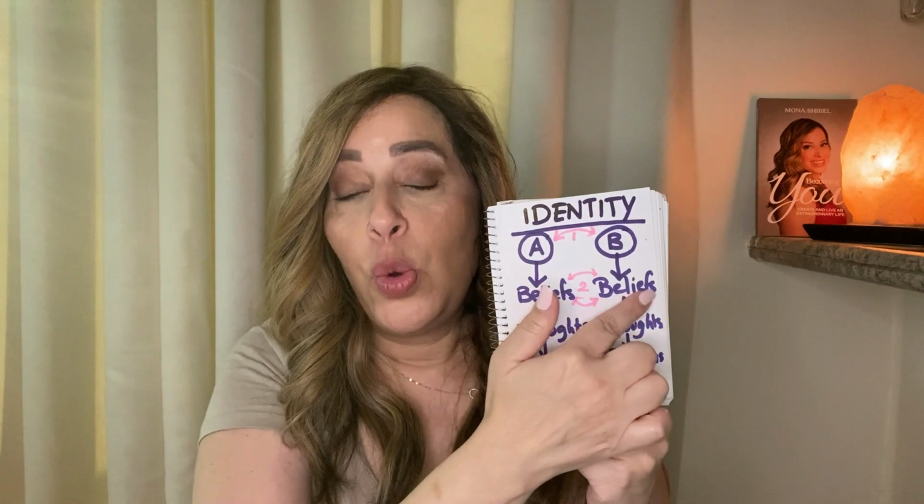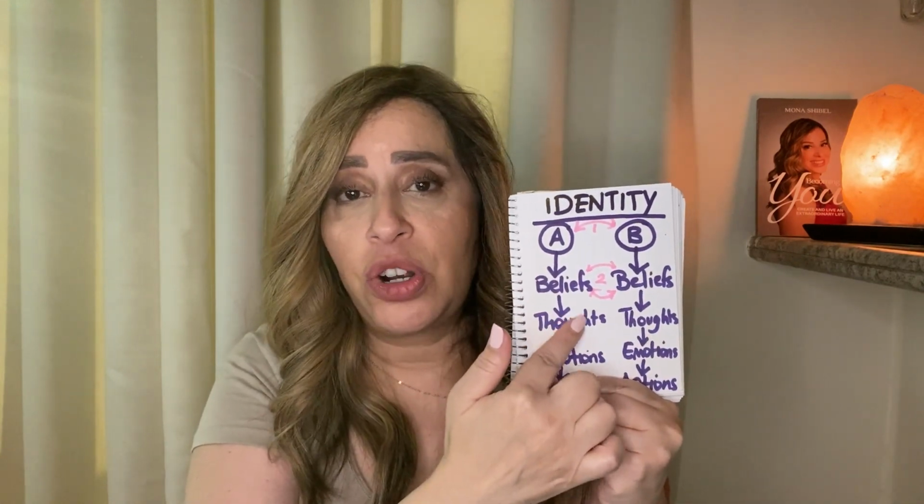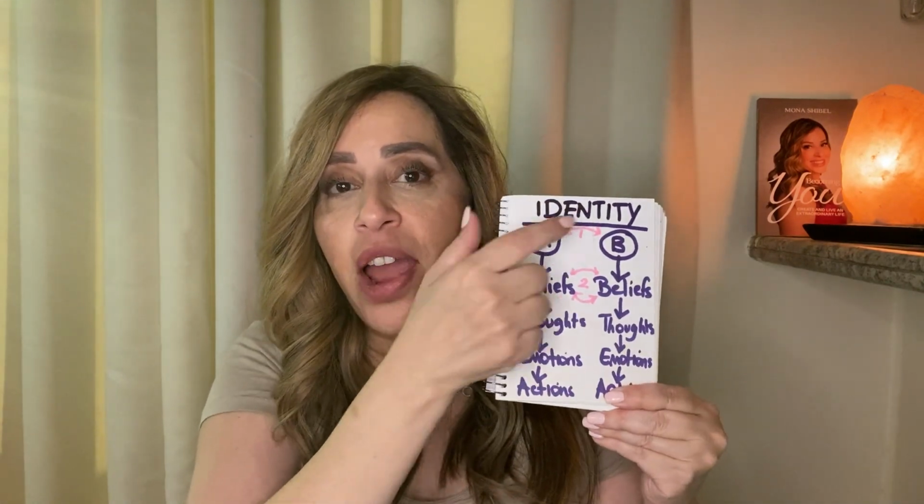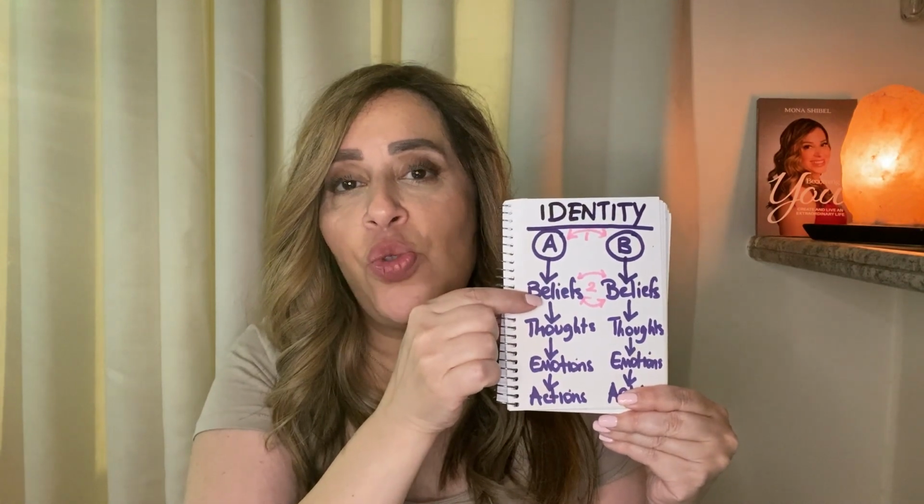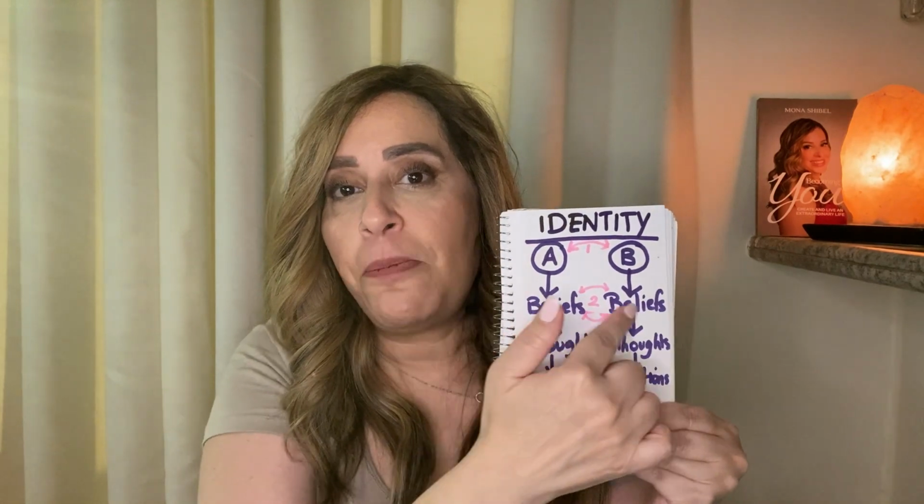When you're doing 4D, you're working at the beliefs level, which ultimately impact your conscious thoughts. So every identity has its own corresponding beliefs, thoughts, emotions, and actions. And when you are impressing a new story, you're working at this level in 4D. You're working on impressing a new belief system that corresponds or matches your desires.